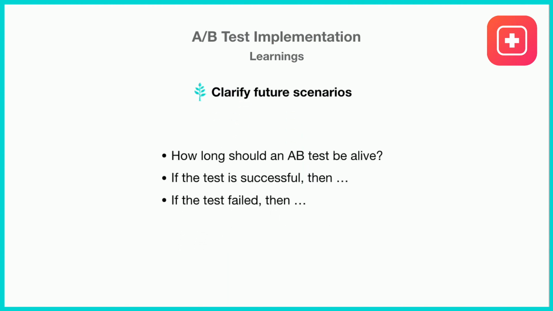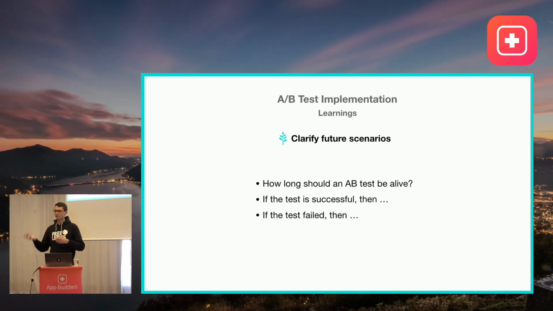When the product owner comes to you and asks for a feature, you should ask what happens if the feature is successful, what happens if the feature fails, and overall, how long this A/B test is going to run. Usually, the product owner has these answers. For example, we run an A/B test usually for 1 month or 1.5 months. But sometimes they don't have answers.